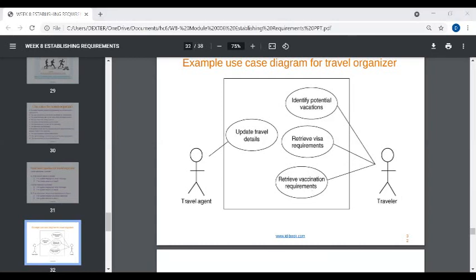Note that the number associated with the alternative course indicates the step in the normal course. Okay? So our actors are represented by stick men. Okay? So this is an example of a use case diagram.